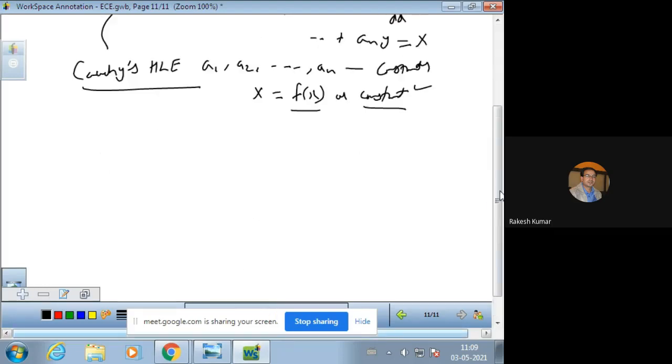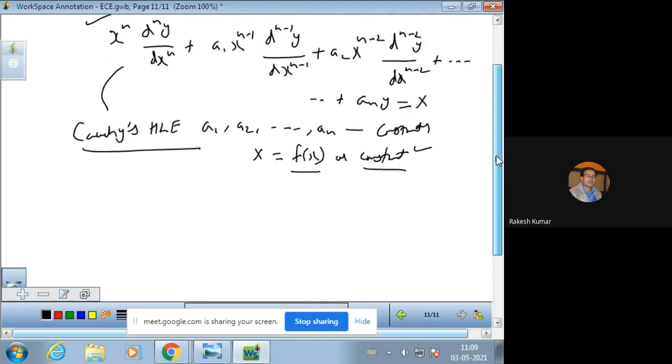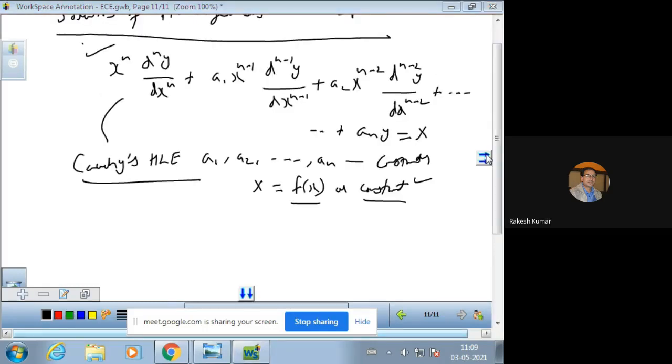This is a Cauchy's homogeneous linear equation, and we have to find the solution of this linear differential equation. For this, we have to use a substitution, and the substitution will be x is equal to e raised to power z. So you will substitute the variable x.